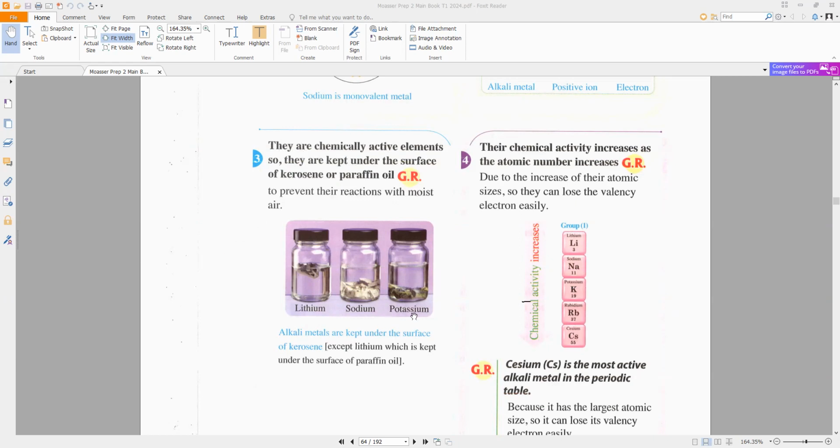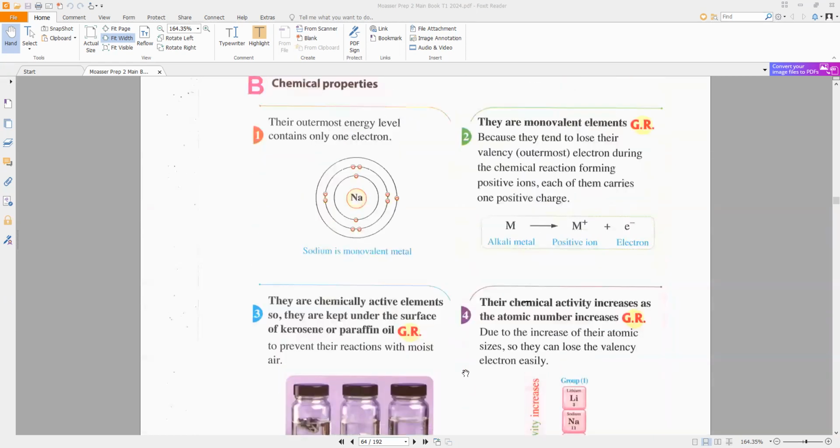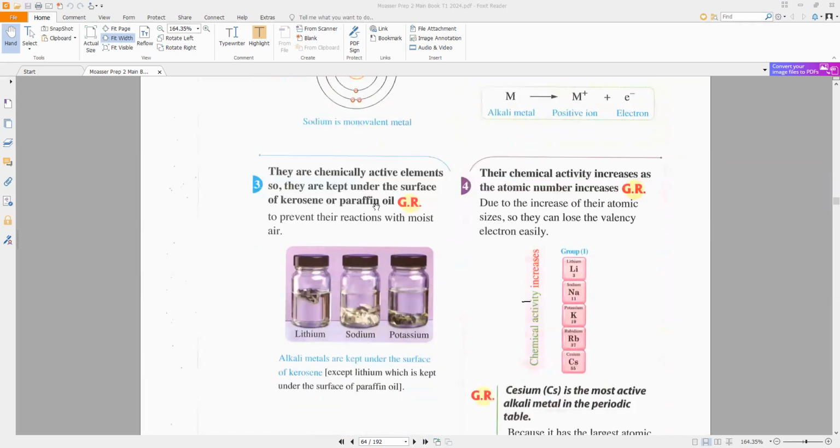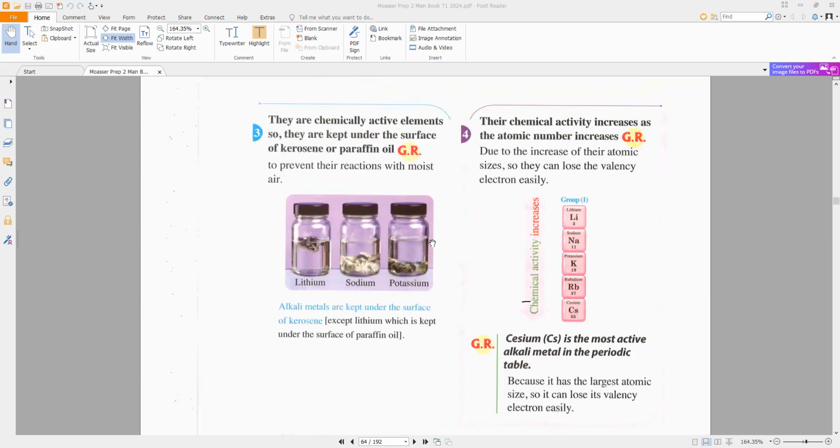We keep sodium and potassium in kerosene because they sink in it, but lithium under paraffin oil because it floats in kerosene. All the alkali metals are monovalent because when they enter a chemical reaction, they lose the outermost electron and change to a positive ion carrying one positive charge. They are kept under kerosene or paraffin to prevent reaction with moist air, the water vapor in the air.